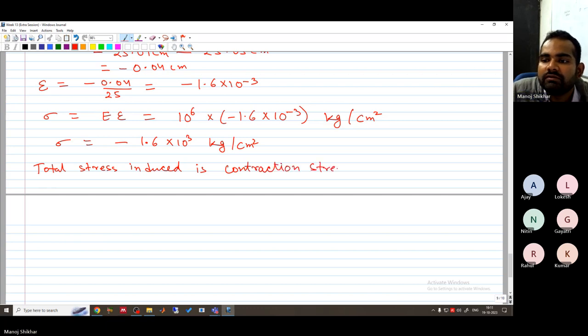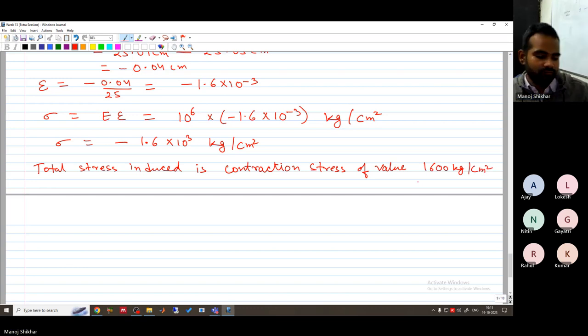Stress of value 1600 kg per centimeter square. So this was a tricky question, and I hope you were able to follow the solution. Now let's move on to another type of question from the different chapters.